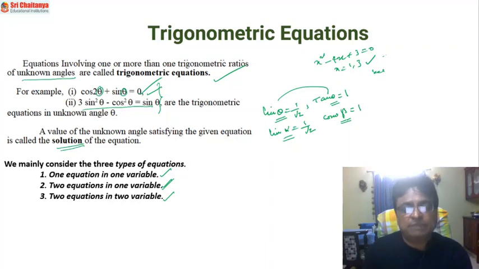But at present we are concentrating on the solution of a trigonometric equation in one variable, how to find that solution, and if a solution exists, how to write that solution. Step by step, after getting the knowledge on that, we can concentrate on two equations in one variable and two equations in two variables, etc.